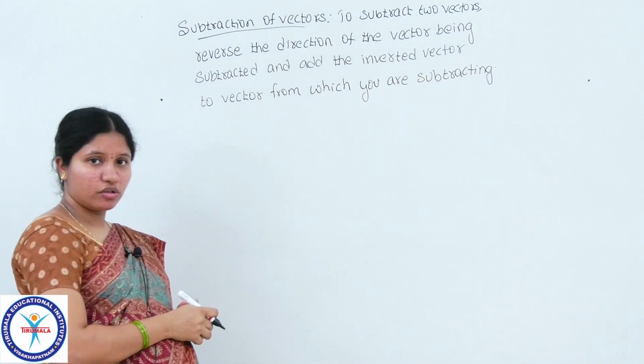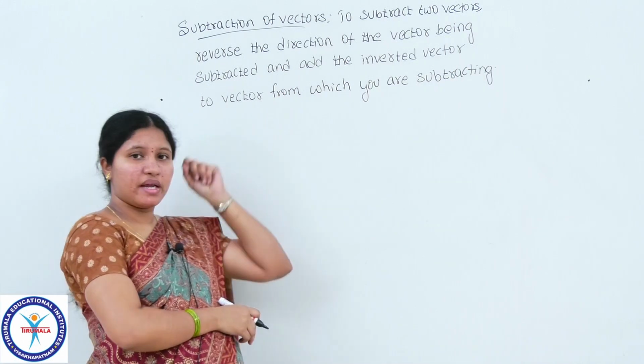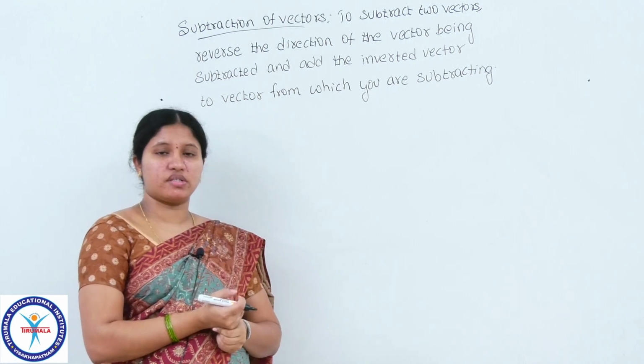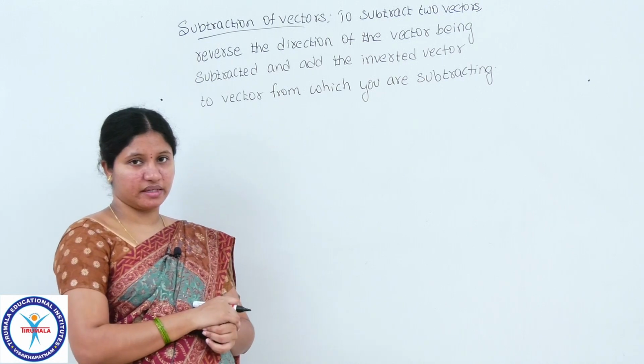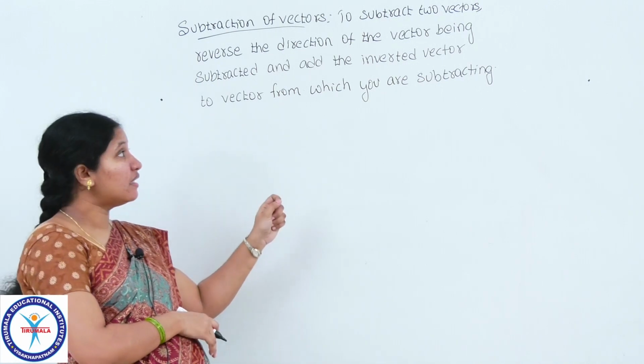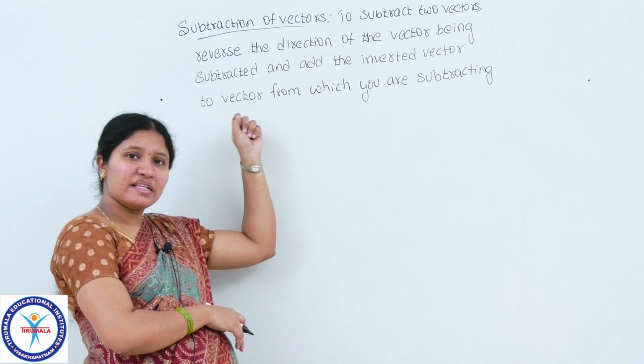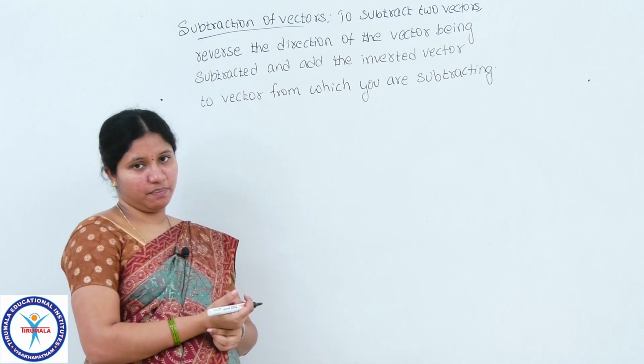So subtraction of vectors means to subtract two vectors, we must first reverse the direction of the vector which is being subtracted and add that inverted vector to the other vector from which we are subtracting.